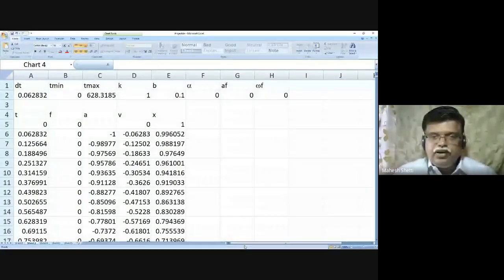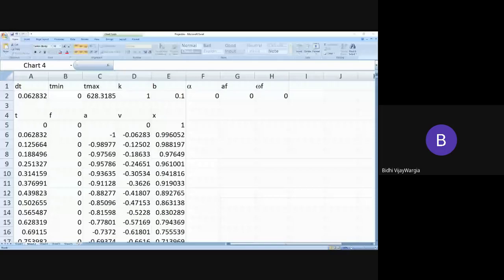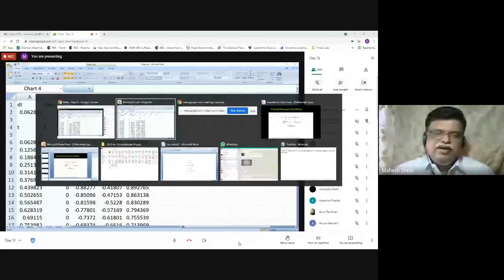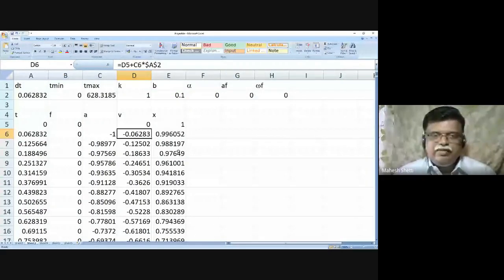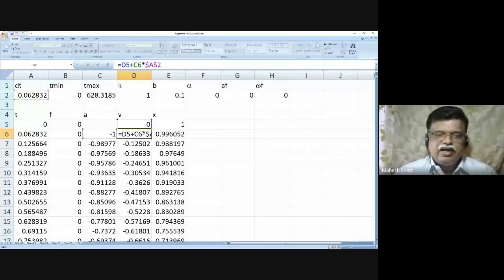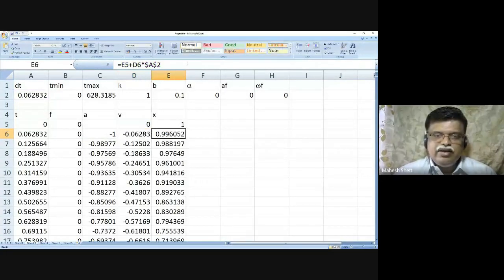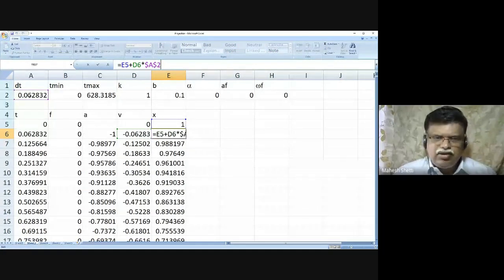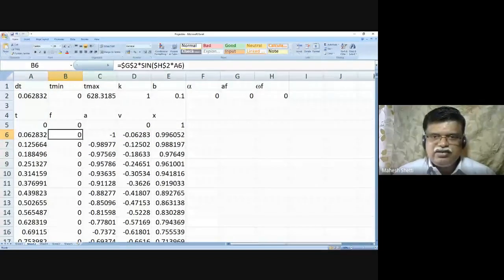Is this visible? Yes, sir. So here, it is the same code that we are talking about. The velocity is going to be the earlier velocity plus acceleration times delta t. Similarly, the displacement is going to be the earlier displacement plus velocity multiplied by delta t. That is the Euler method we are talking about. The only thing is the acceleration is going to be based on certain additional factors.